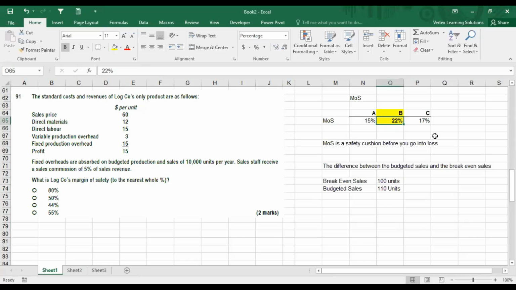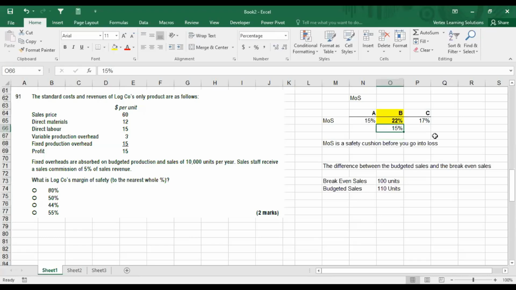And he says, probably we will be missing the budget by 12% or even by 15%. I say, okay, no worry, because even though he is missing the budget by 15%, I am still in safe hands. I'm still not making a loss. So the higher the margin of safety, the better it is.